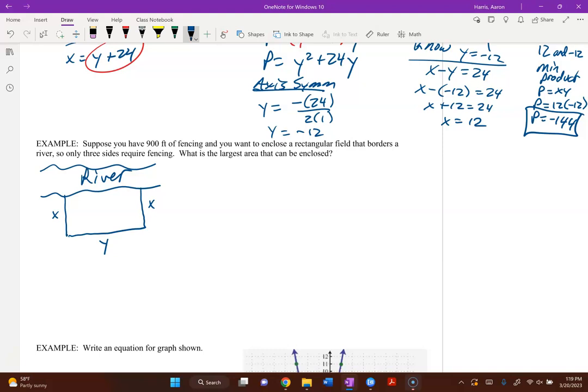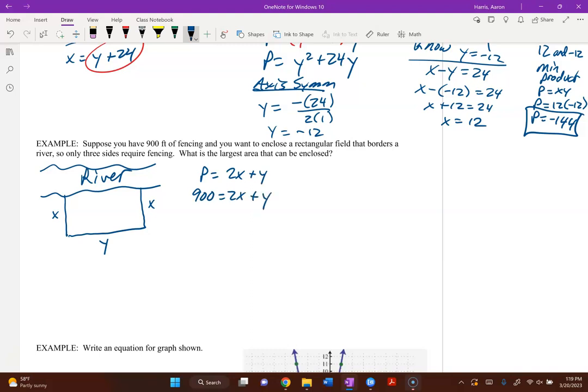So my perimeter here is what? Adding up all the sides, that's the total amount of fencing, 2X plus Y. And I know I only have 900 feet to do that with, right?